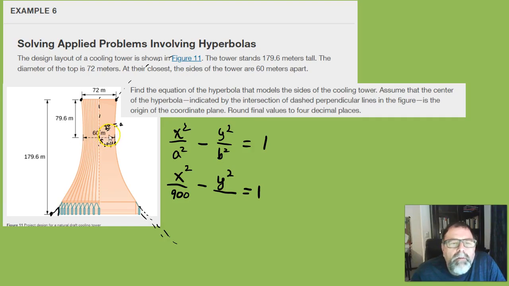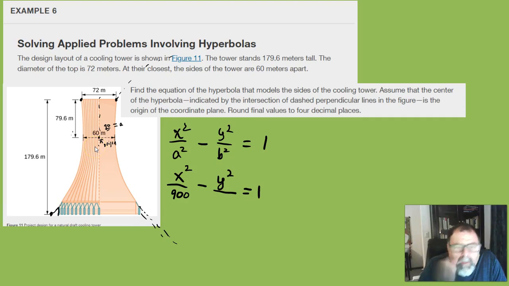So we need to know what c is. Let's see here. We have the height of this is 179.6. Oh, and they gave us this, 79.6.